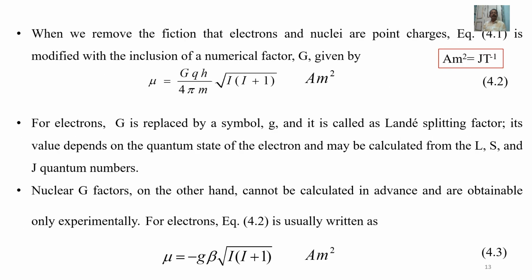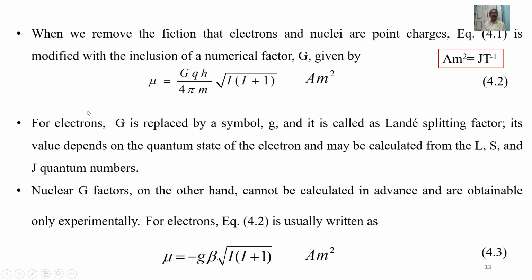When we remove the assumption that electrons and nuclei are point charges, equation 4.1 is modified with the inclusion of a numerical factor, capital G. This capital G is the Landé splitting factor for nucleons. So mu equals G qh divided by 4 pi m times root of I into I plus 1.